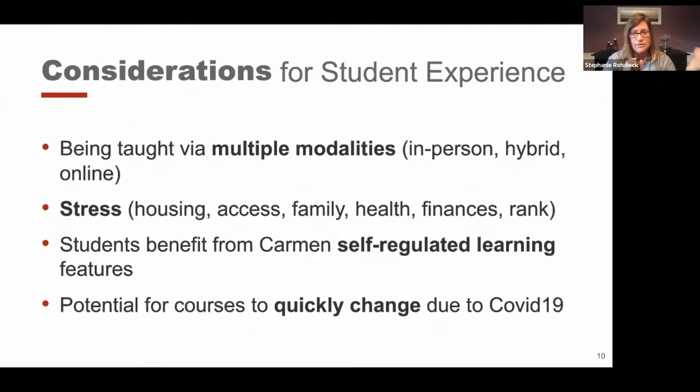They may have some courses, like their lab courses or their performance courses, in person. They may have some that are hybrid, and there are variations on how hybrid classes are working. And then they have some online courses. That's a lot to keep track of. So having one hub, and the hub is Carmen, if we are all using it consistently, students have a much better experience finding things.